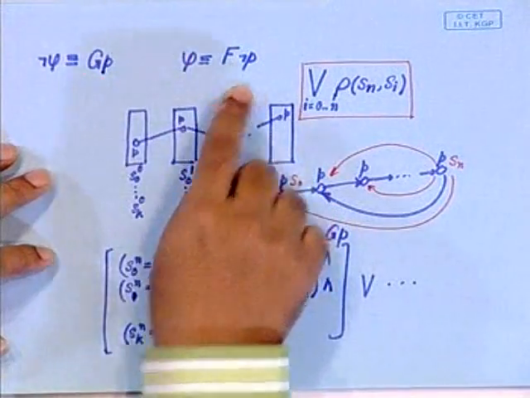So if we can find such a valuation of the variables, how many variables? N cross k variables, n time steps, k variables in each time step. If you can find a valuation of these n cross k variables which satisfies both of these, then we have found a counter example or a witness for GP, and therefore a counter example for F not P.